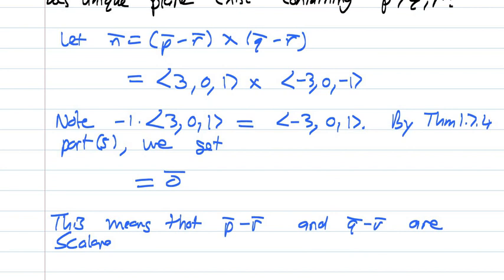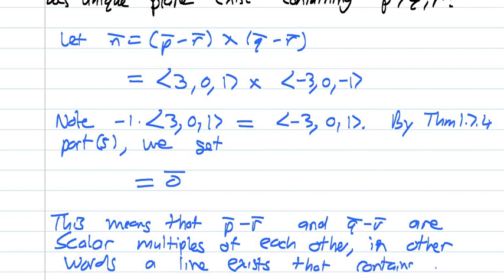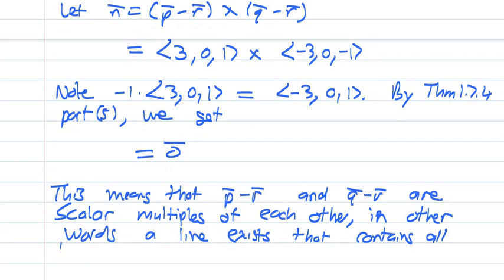This is bad news. Alright, so if you work out P minus R cross Q minus R and the answer is the 0 vector, that means that P minus R and Q minus R are scalar multiples of each other. In other words, they lie on the same line. In other words, a line exists that contains all 3 points.